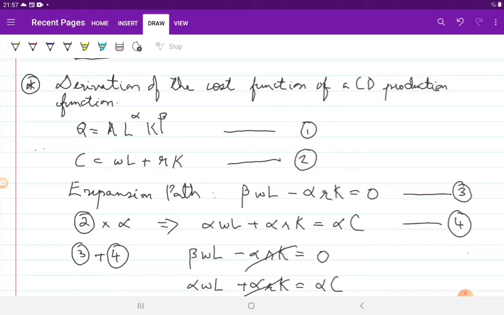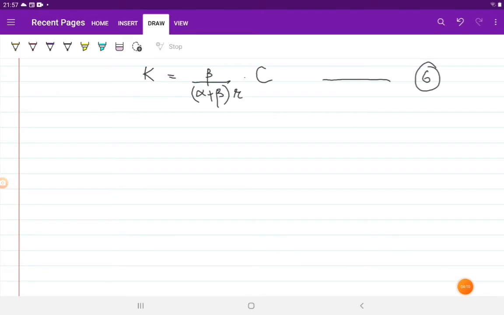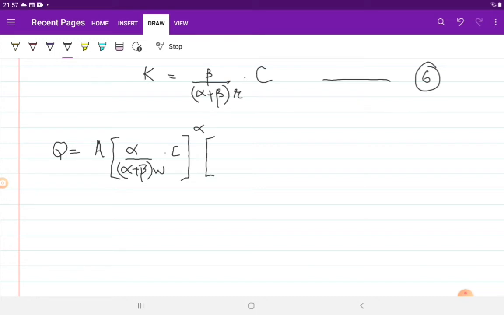So when I do that, what I get is, instead of K, I substitute information from equation 6.